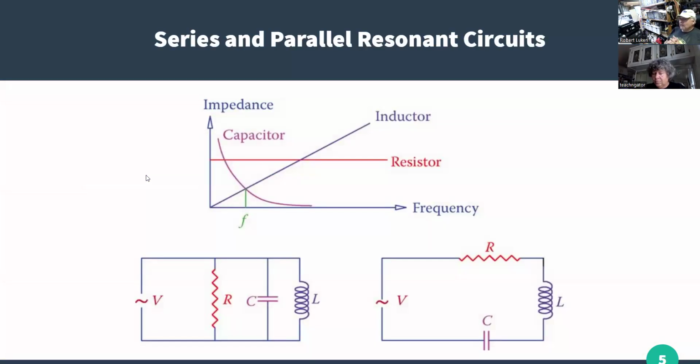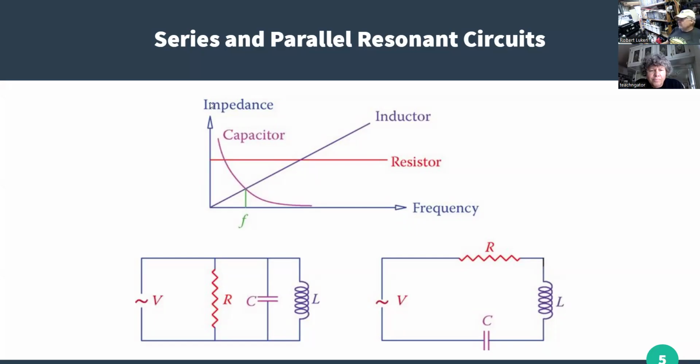If we plot the reactance, so here we have on this impedance line, which would be ohms, we have a resistor. It's going to be a constant value. It doesn't change with frequency. If that was like 100 ohms, over here at infinite frequency, it's still 100 ohms. We have a capacitor that is down here.